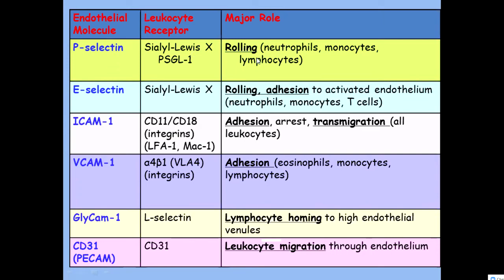Selectin causes rolling. It attracts the neutrophils, monocytes, lymphocytes. Selectin: rolling, adhesion to the activated endothelial cell. ICAM-1: adhesion, arrest, transmigration of all leukocytes. And the receptor is CD11 and CD18.